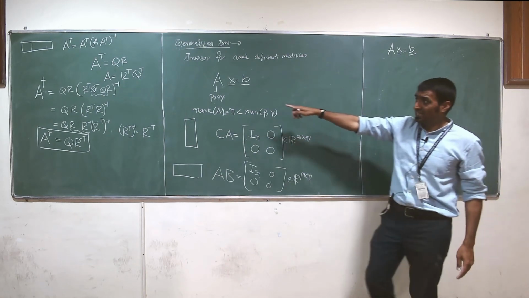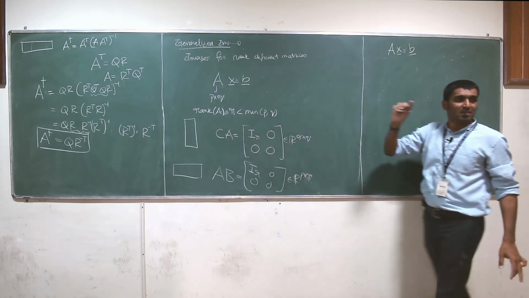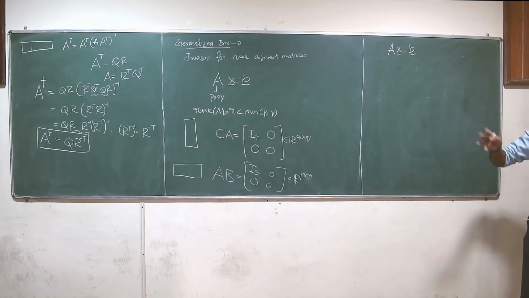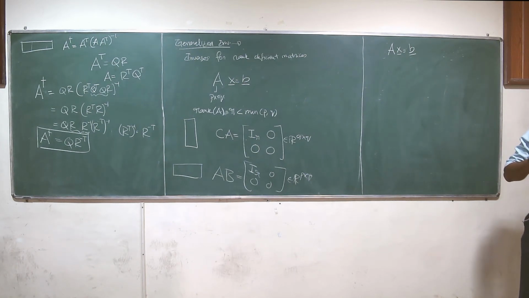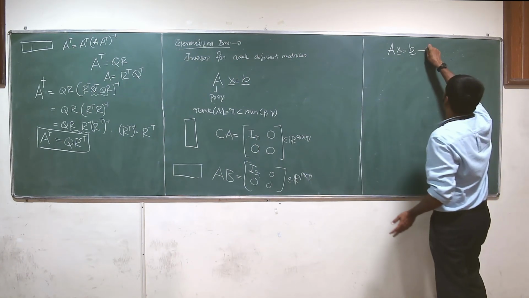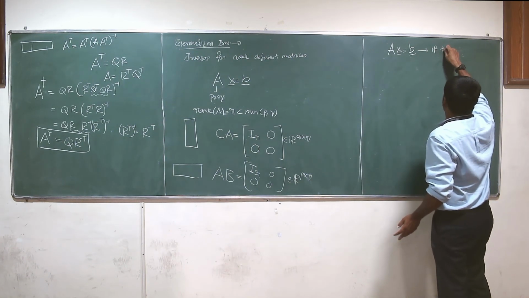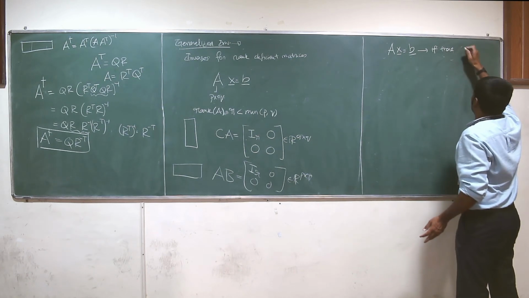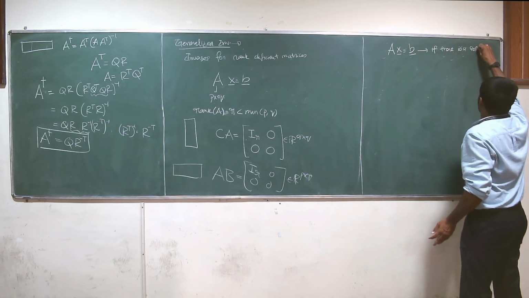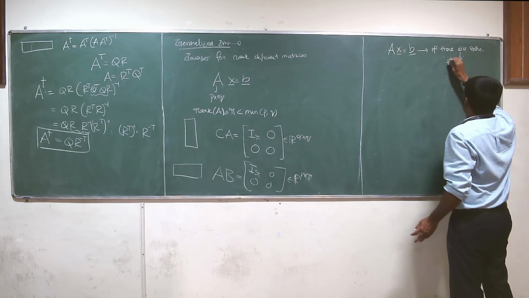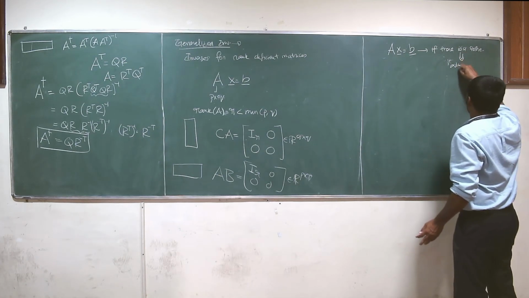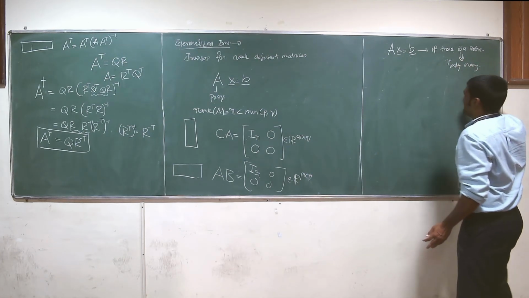The moment you have a rank deficient A, now you always have infinitely many solutions if there is a solution. Okay, so if there is a solution, this implies there are infinitely many.